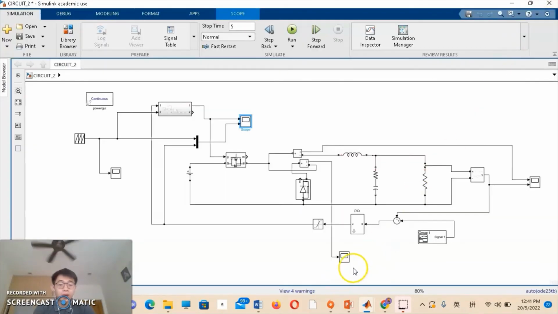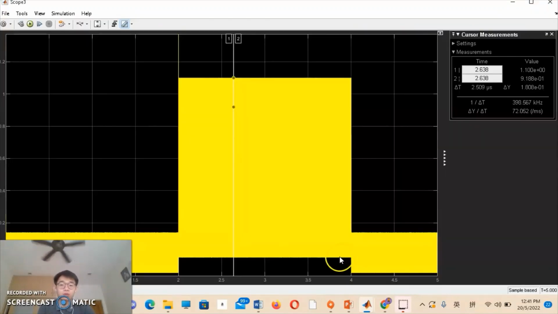So lastly, we are going to have a look at the diode current of our SMPS controller. It will be something like this, and we know that theoretically the diode current will only flow whenever the switch or the MOSFET is switched off. Whenever the circuit is switched off, the diode will be in forward bias, and the inductor releases its energy.